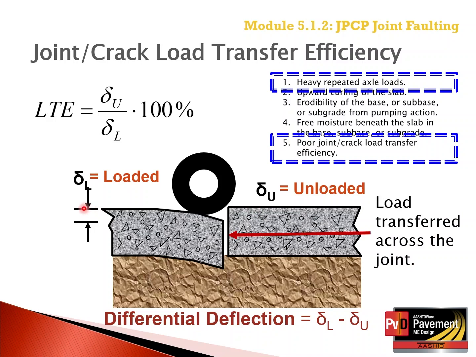The load transfer efficiency is defined for jointed plain concrete pavements as the ratio of deflection measured at the corner of the unloaded slab divided by the deflection measured at the corner of the loaded slab times 100, to report the load transfer efficiency as a percentage value.